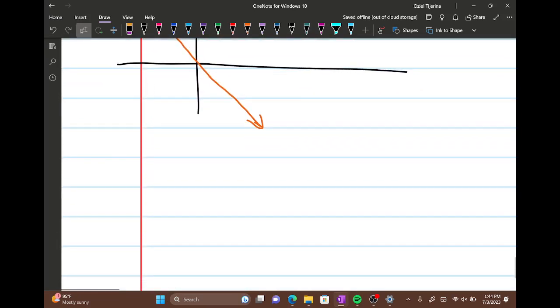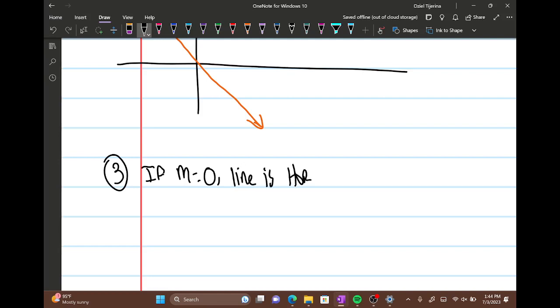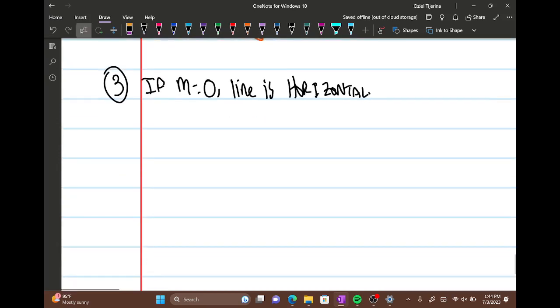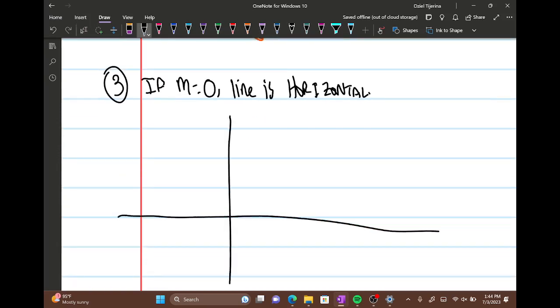Now, number 3 would be if m equals 0, the line is horizontal. So a line with a slope of 0, let's do a line here.